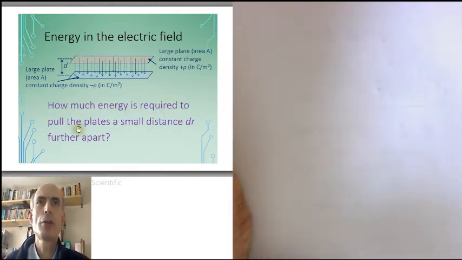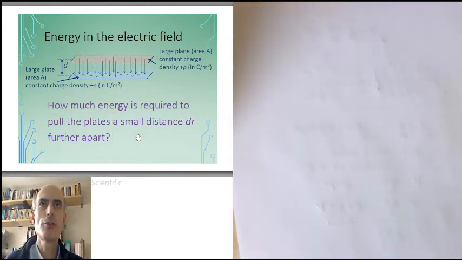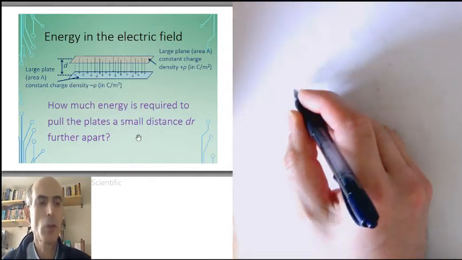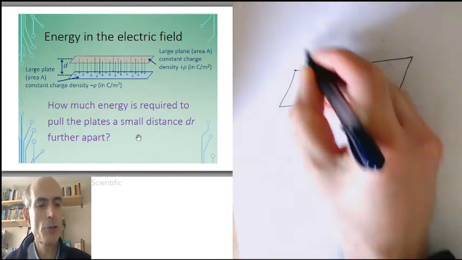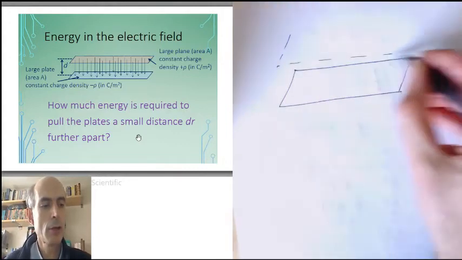How much energy is required to pull these two plates a small distance dr further apart? Well, consider one of the plates here and consider a small area of the other plate.